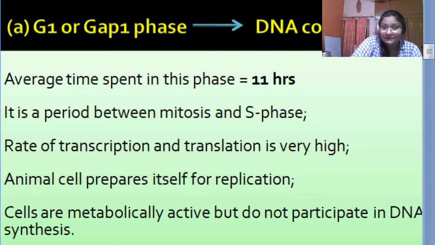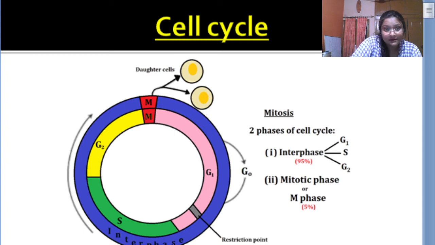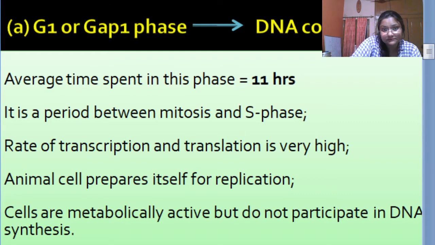It is the period between mitosis and S phase, as indicated in this diagram. This is mitosis, red color, and S phase is in green color, and this entire time, the pink color, is G1 phase.